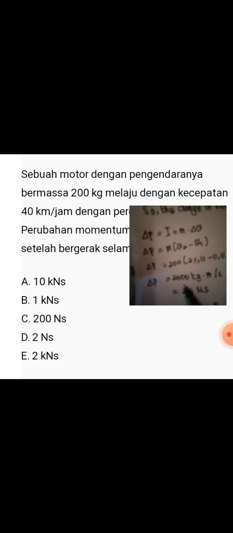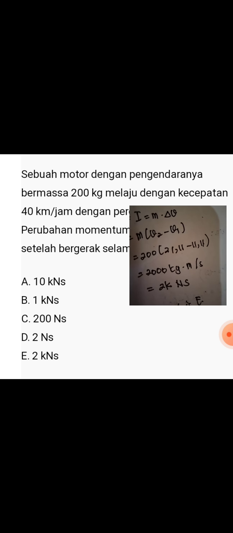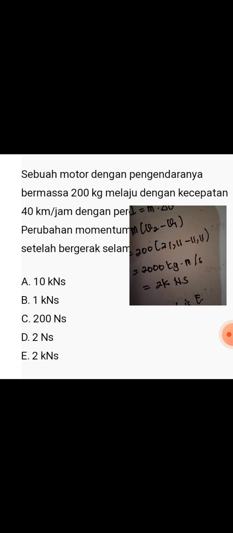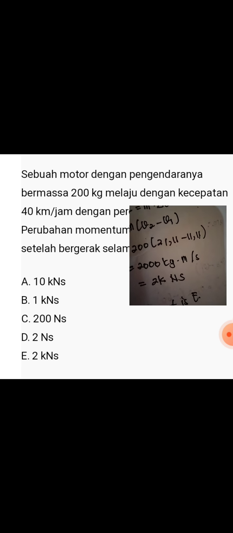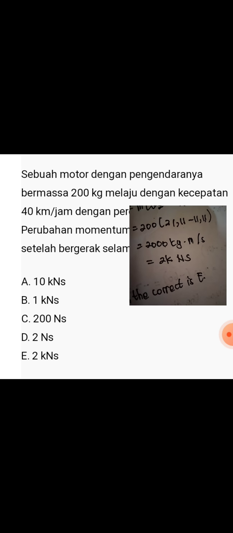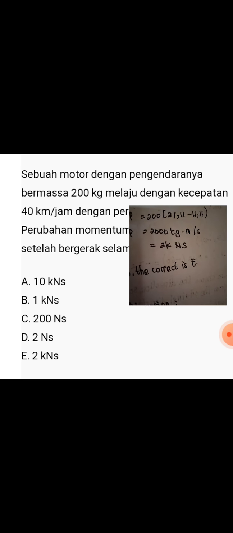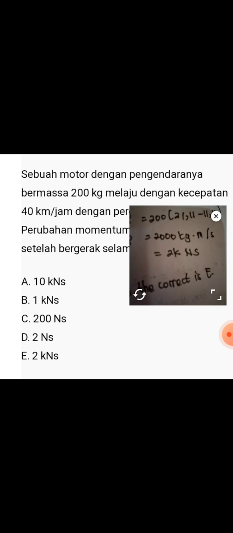Change in p is 2000 kilogram meters per second, which is 2 kNs. So the correct answer is A.